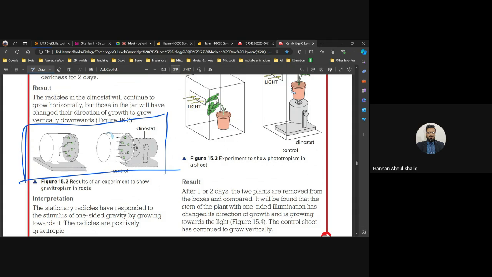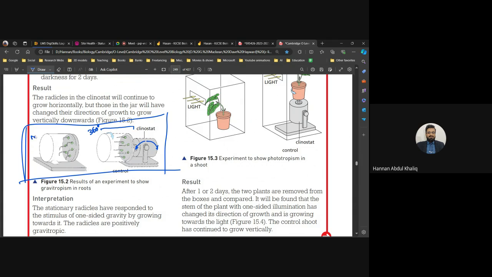At the top of the clinostat, you can see this thing. It has a 360-degree movement, and this can be moved like the ball and socket joint of our shoulders.